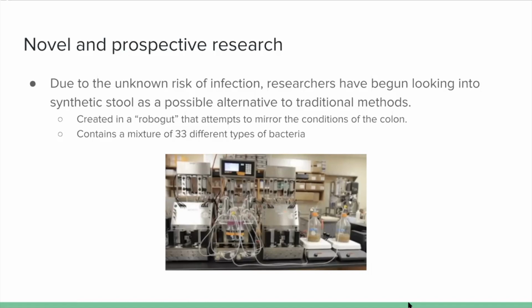This machine basically simulates the environment of our colon and is used in creation of the synthetic mixture. This synthetic stool has already proved to be helpful in a lot of the C. diff cases that we discussed earlier. However, more research is still needed to see if this is an actual valid alternative for other diseases that FMT can treat.